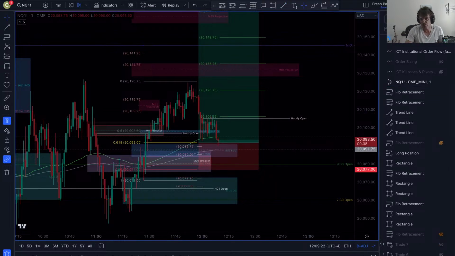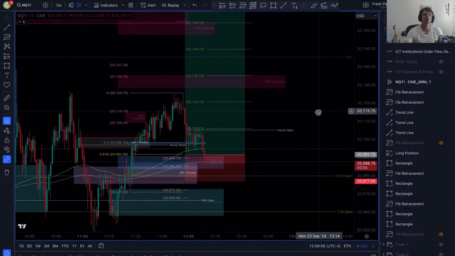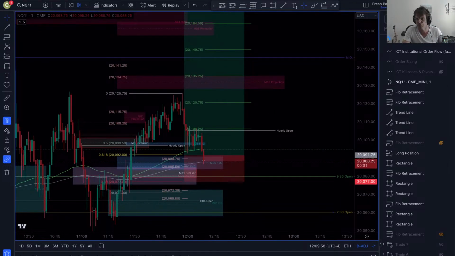Does 106.25, first target. $120.75, next target. $135.25.